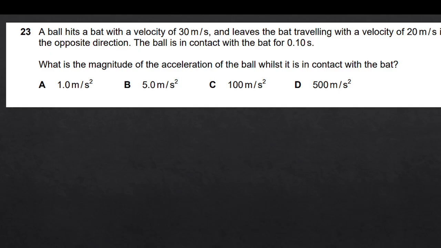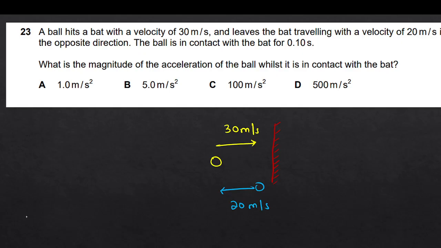So here we have a ball which is first traveling with speed of 30 meter per second. Now it hits a bat, then it travels back with the speed of 20 meter per second.